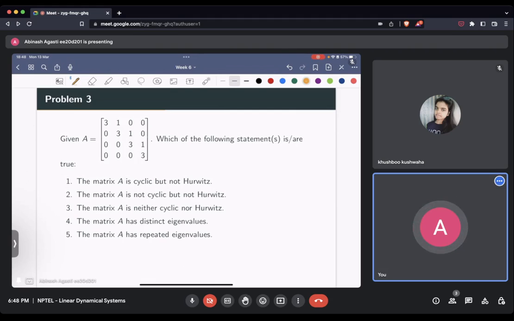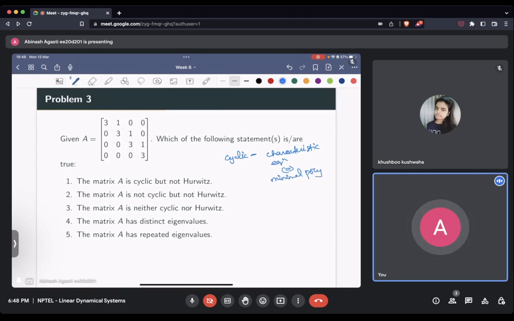Okay, then we just recall the definition of a cyclic matrix. A matrix is cyclic if its characteristic polynomial is equivalent to the minimal polynomial.